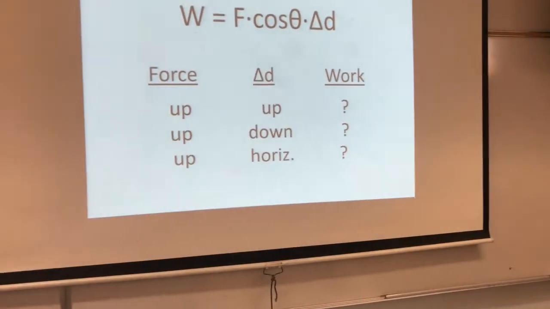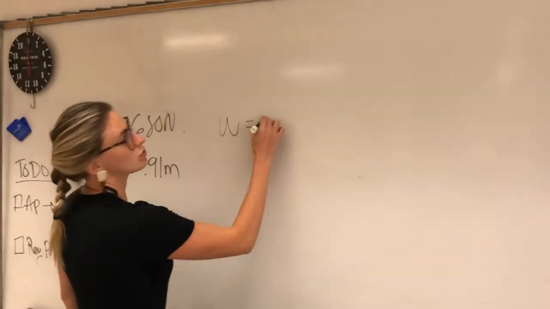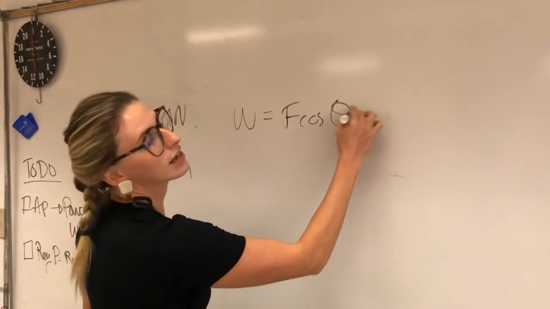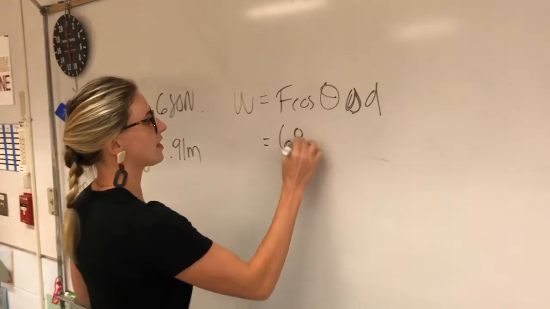So how can we figure out what the work is here? Well, we know that work equals force times the cosine of theta times delta D. My force is 680 newtons.